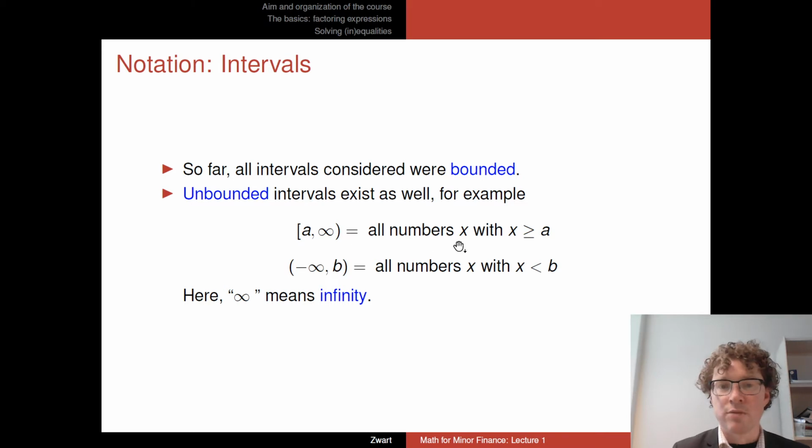It means all numbers x which are bigger than or equal to A. And similarly, if we want all numbers which are smaller than B, but not include B either, so it's going to be open on the B side, we have a round bracket over here, all the way down to -infinity, as small as you would like, and again there's an open bracket here. So these are unbounded intervals in the sense that they have no bound, at least on one side. They're infinitely long.